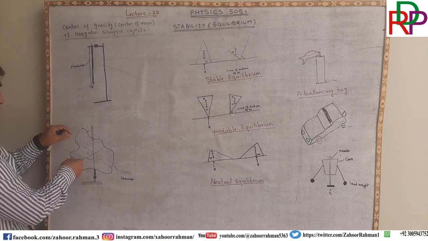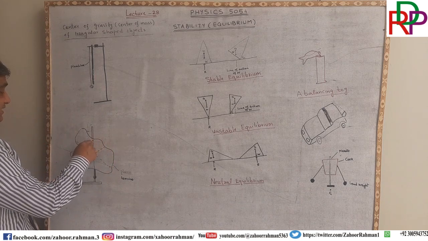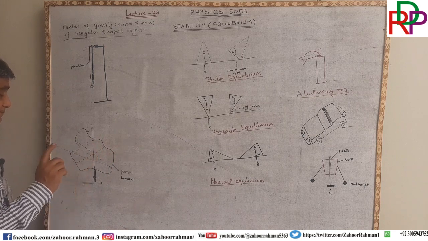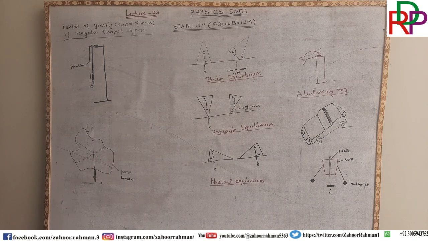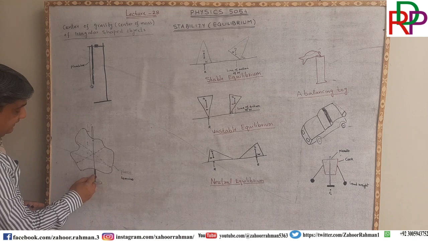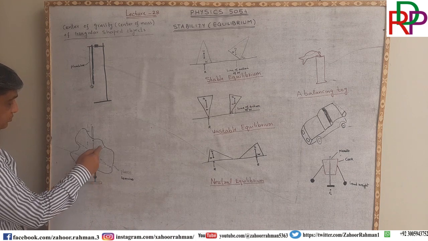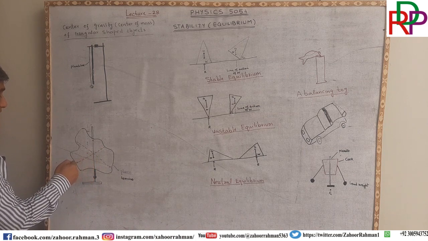Similarly, put the third hole on the pin, and when the plumb line is stable, draw a line.